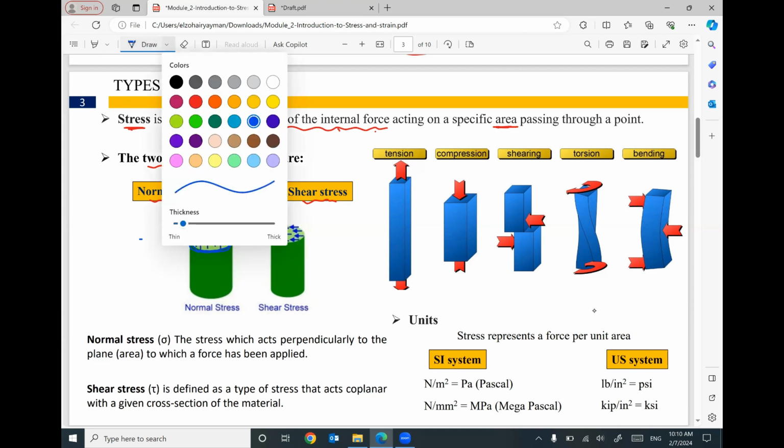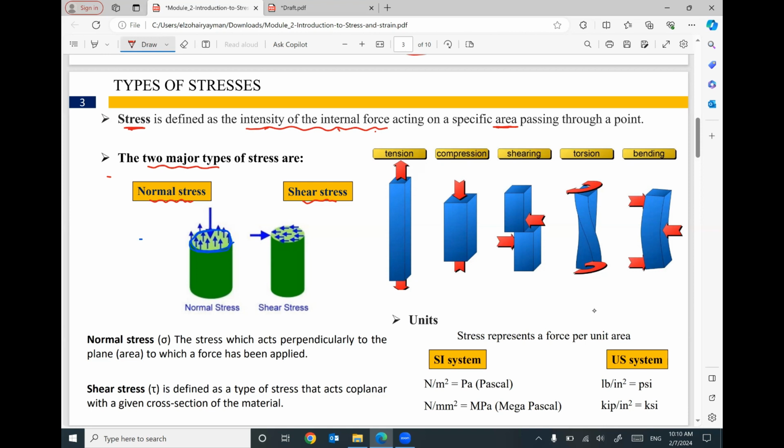If the intensity of the internal force is perpendicular to this cross-section, this stress is called normal stress. So the normal stress, which is labeled as sigma, is the stress that acts perpendicular to the plane area to which a force has been applied. So the intensity of the internal force is perpendicular to the cross-section.